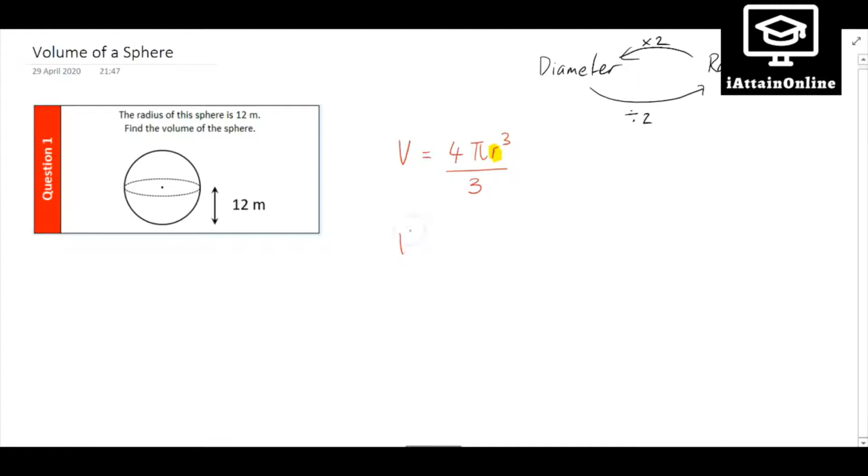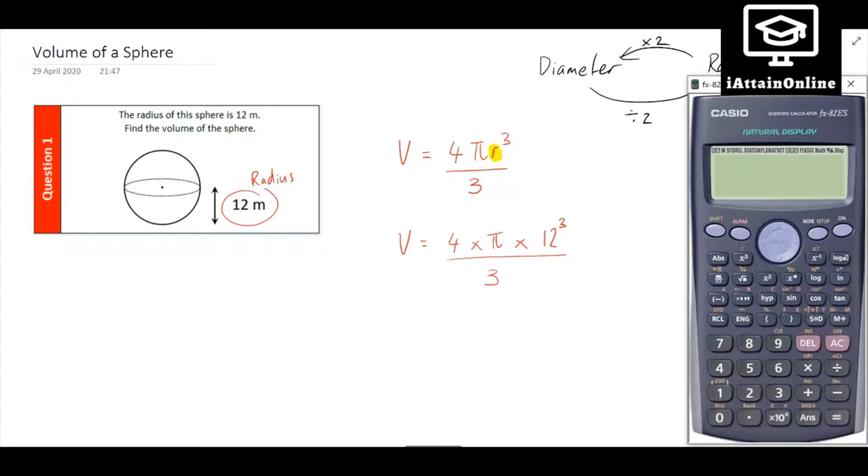So to find the volume of a sphere, we're going to do 4, this means times pi, and then multiplied by my radius. So this here goes from the center to a point on the surface, so that is my radius. Always check to see if you're given the radius or the diameter. So it's that value we're going to use, 12 cubed, all divided by 3.